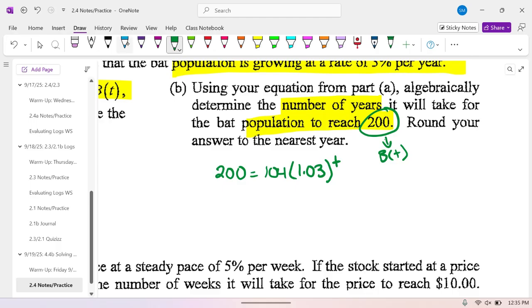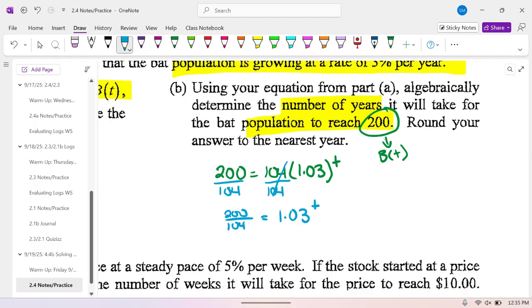How do I get rid of the 104? Divide by it. So I'm going to divide both sides by 104. I'm just going to leave it as 200 over 104 because I don't want to mess something up in my simplification, since it's just going to go in your calculator anyway. It's equal to 1.03 raised to the t power. Now is my base by itself?